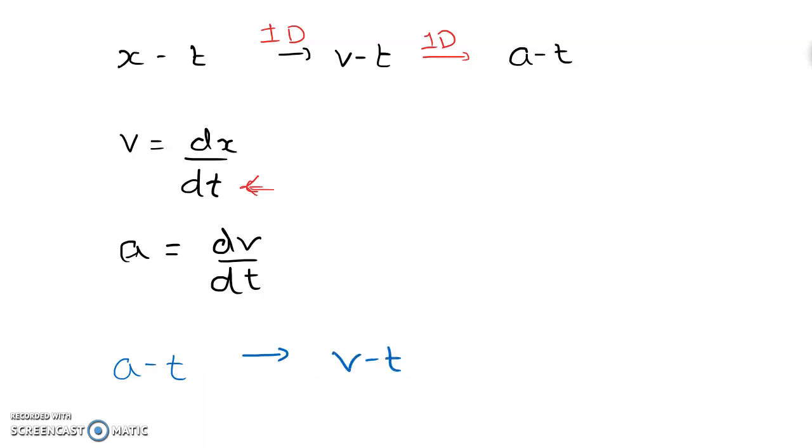You would integrate it. And if you want displacement as a function of time, integrate again. So first integration and then again integration. These are the basic things, but we can play over them.